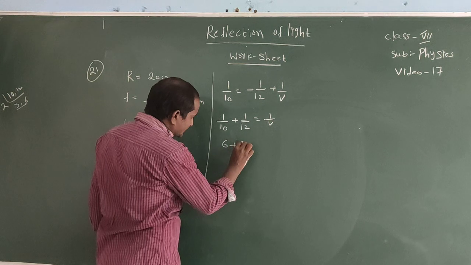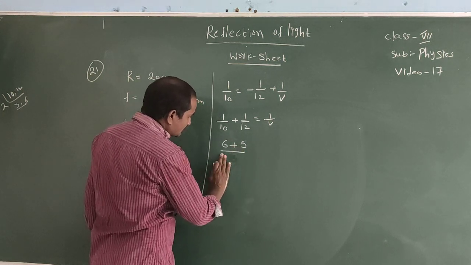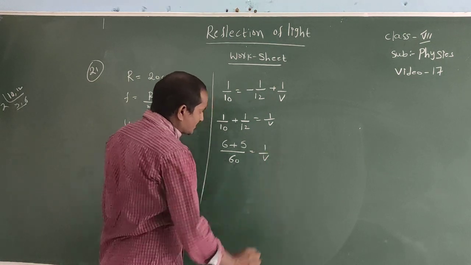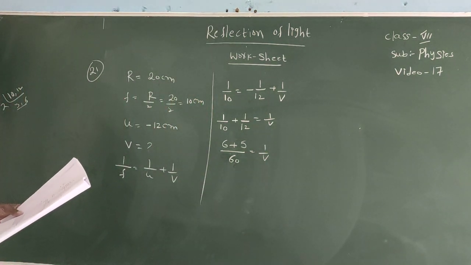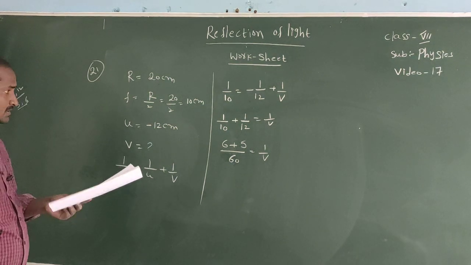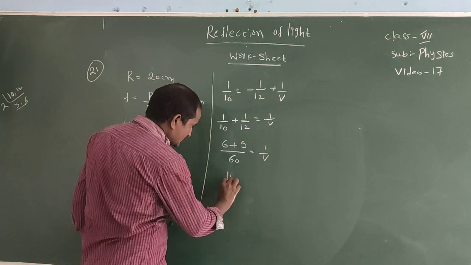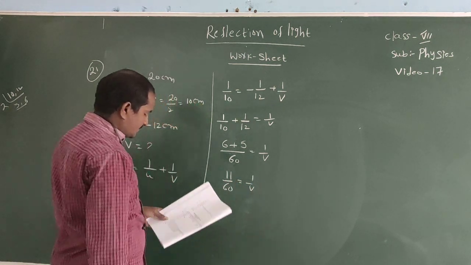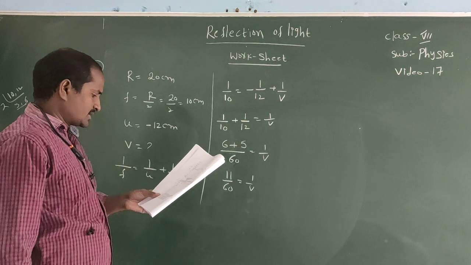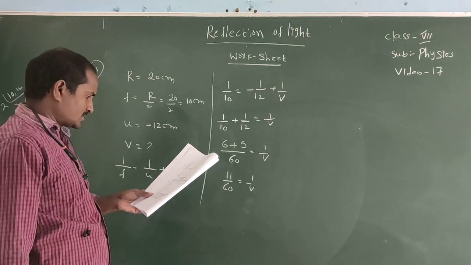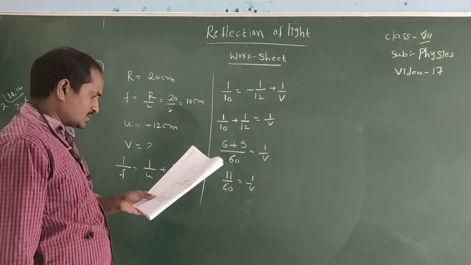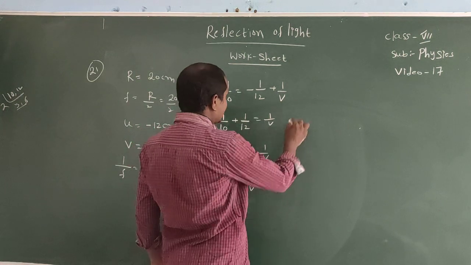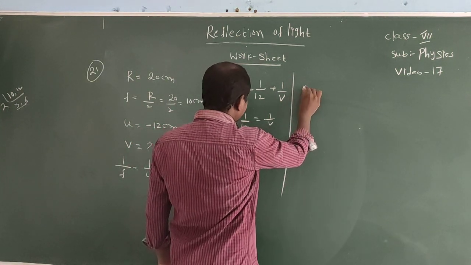So 6 plus 5 by 60 equal to 1 by v. Okay, so 11 by 60 equal to 1 by v.